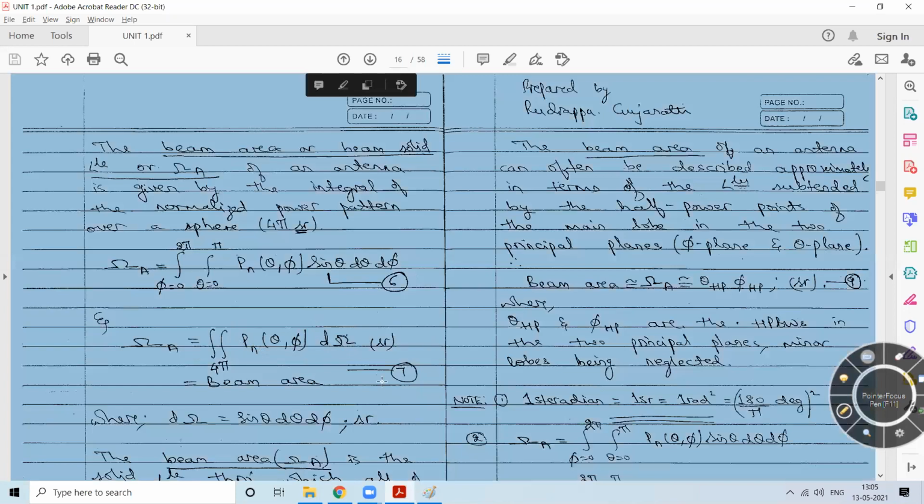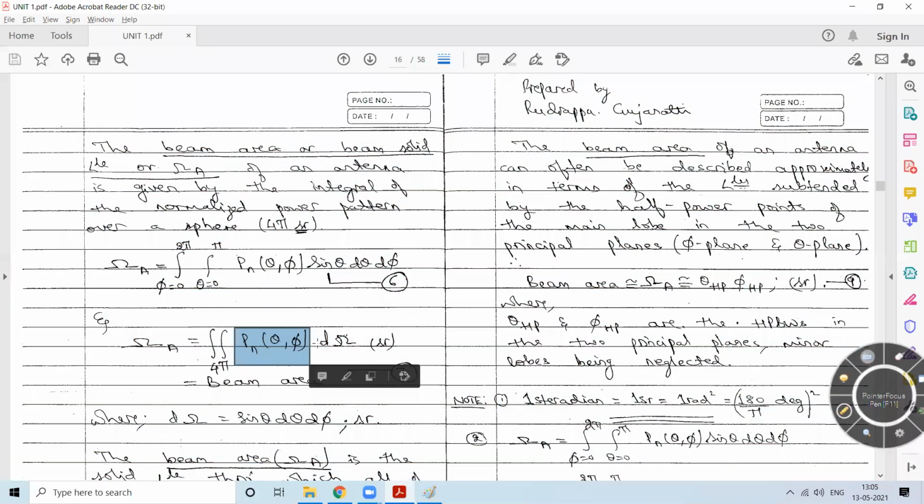Here, this is the normalized power. What is d omega as per the previous case? d omega is sine theta d phi. So when you substitute it, omega A can be represented in terms of theta and phi, as the integration of this normalized power density with respect to sine theta d phi.